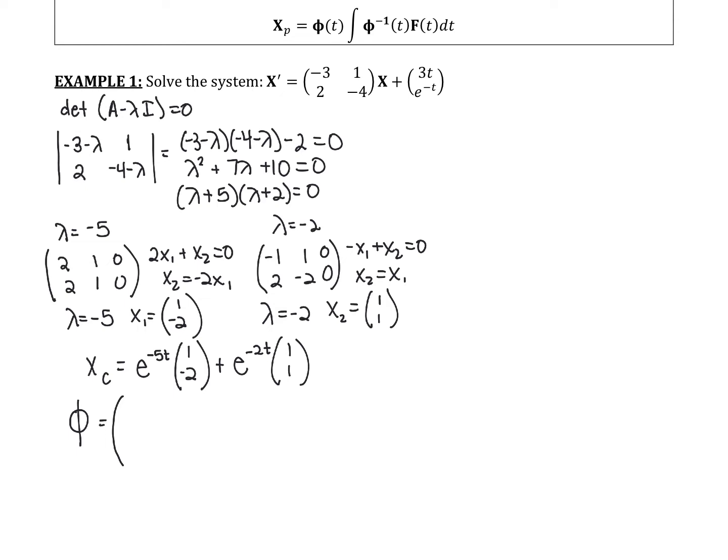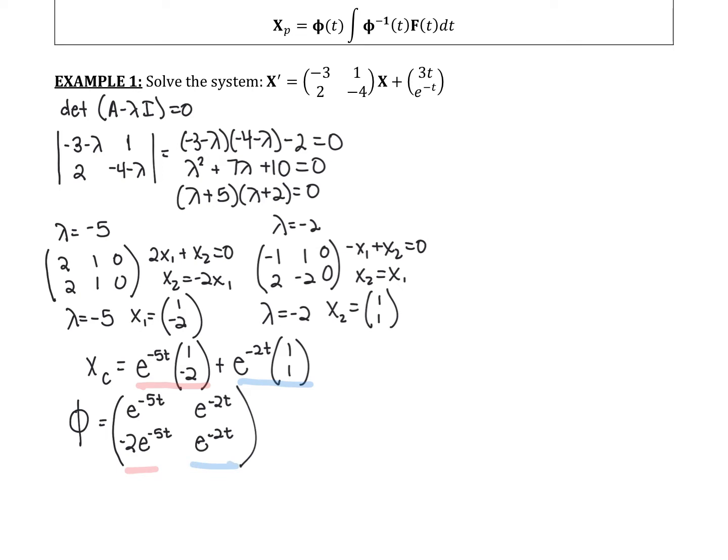This would be e to the -5t, 1, -2. So this first column would be e to the -5t and -2e to the -5t. Notice this first column is the first solution with the eigenvalue and eigenvector. The second column of this matrix then would be e to the -2t, e to the -2t, and that comes from that second solution.